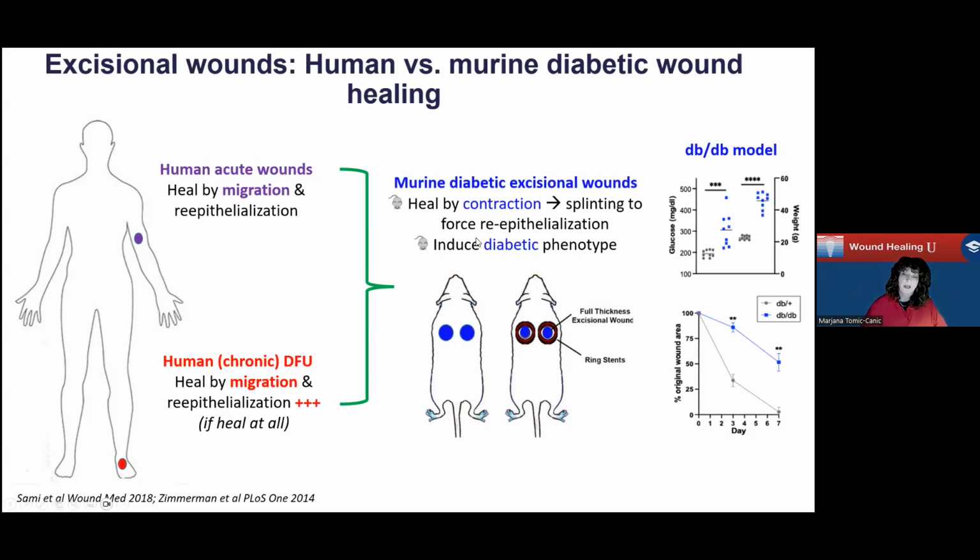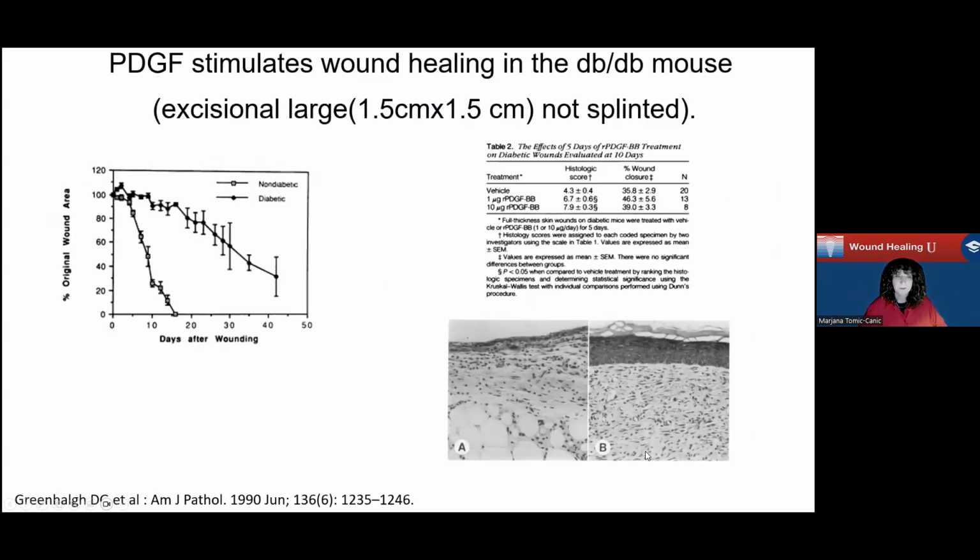And so again, the diabetic phenotype can be genetically induced and so forth. There are differences between human and animal models, and this is one of the examples.